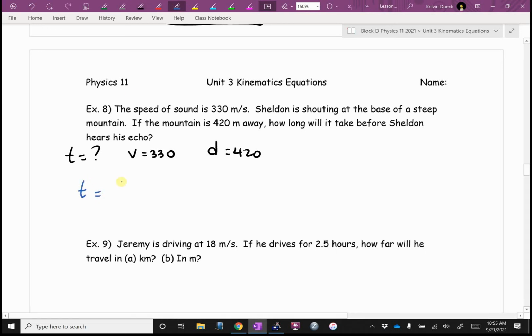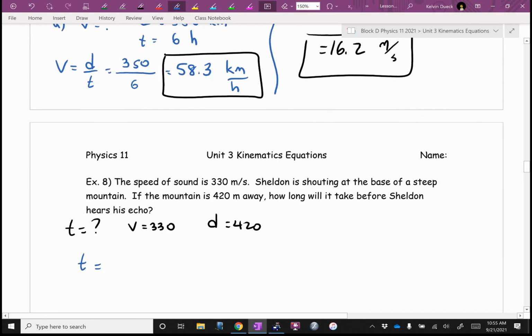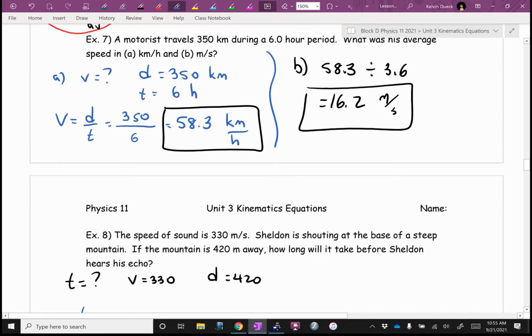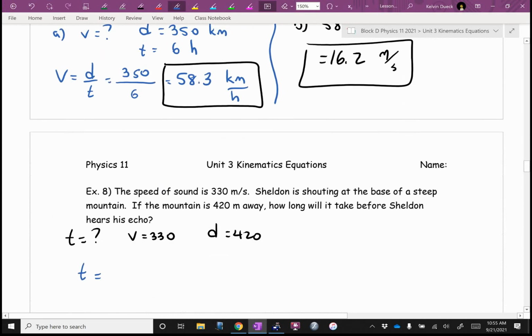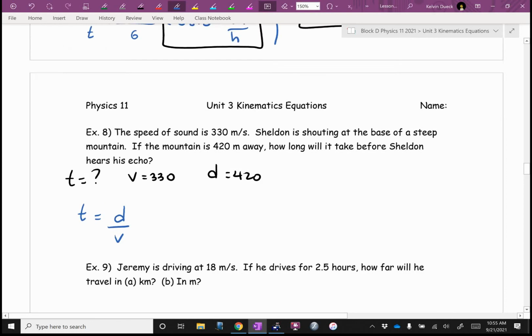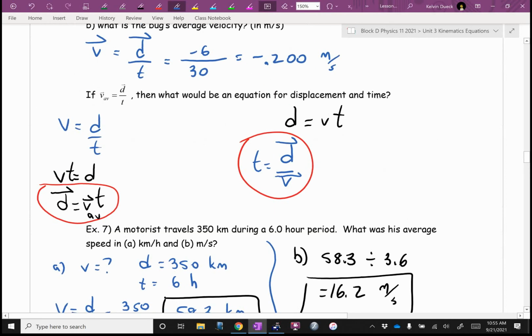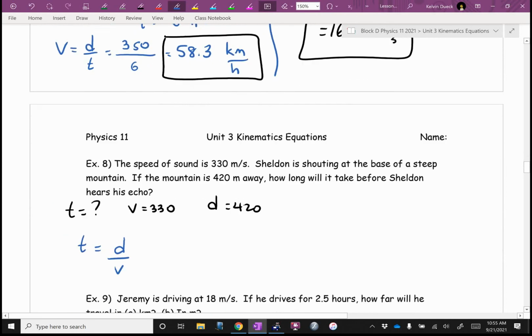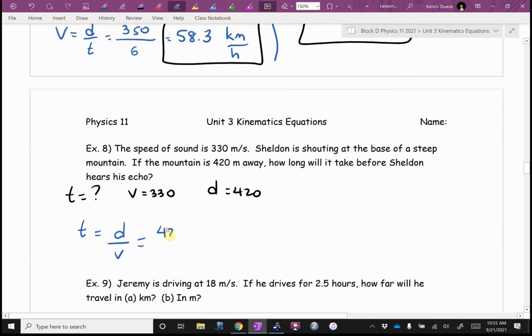T equals V over D or D over V? I've got to scroll back. D over V. Distance divided by speed. So it's going to be 420 divided by 330.